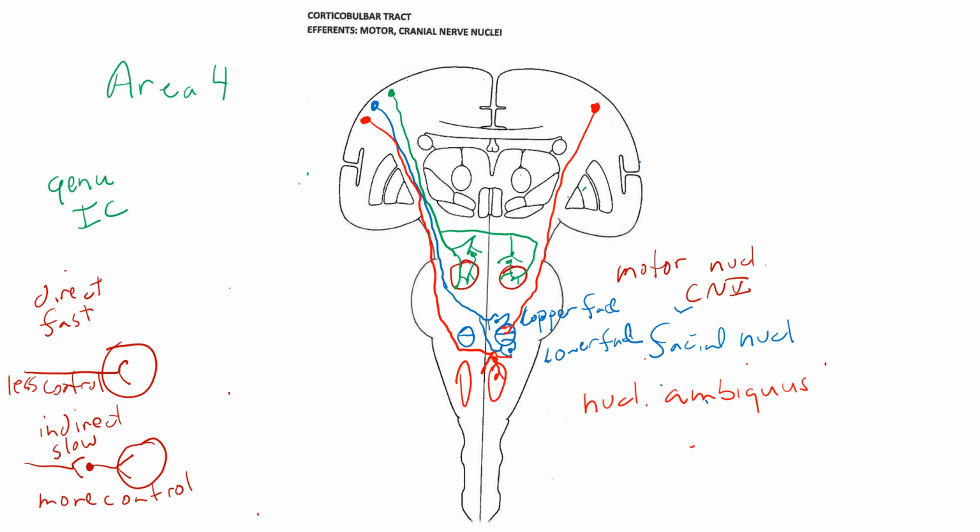And finally, the last of the nuclei that I have voluntary control over is going to be the hypoglossal. And we're going to see all of this coming down, and then we're going to have both direct and indirect innervation to the opposite side.